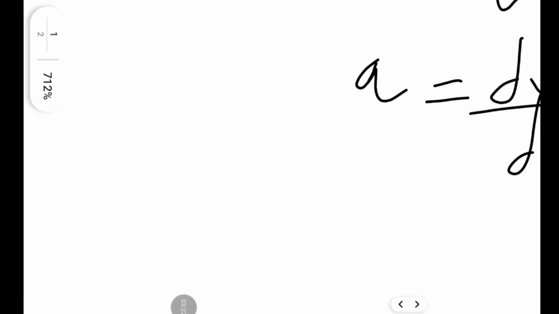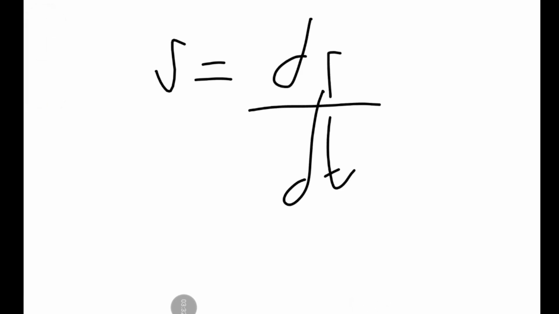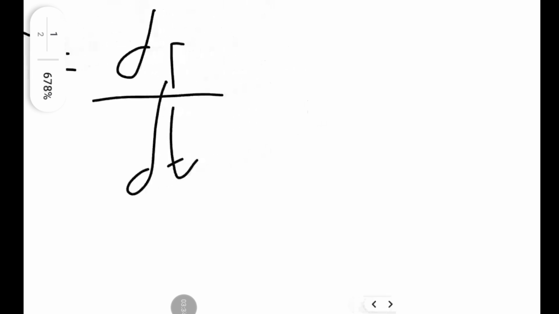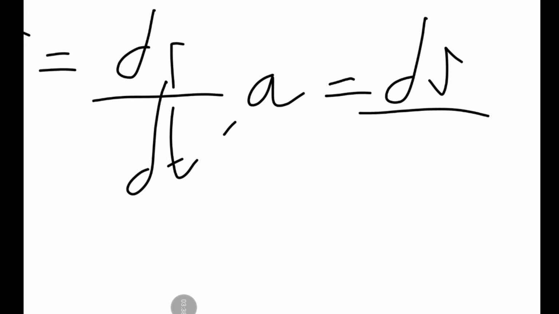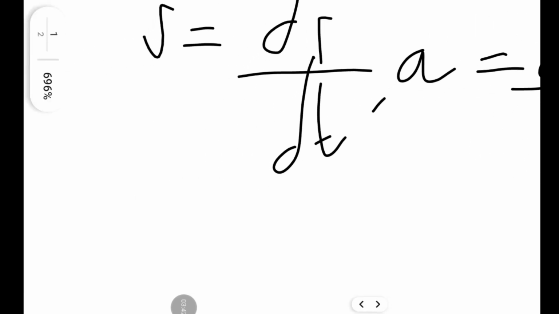Now we know that velocity is equal to dr by dt. If we know that acceleration is equal to dv by dt, all we have to do is differentiate the velocity.